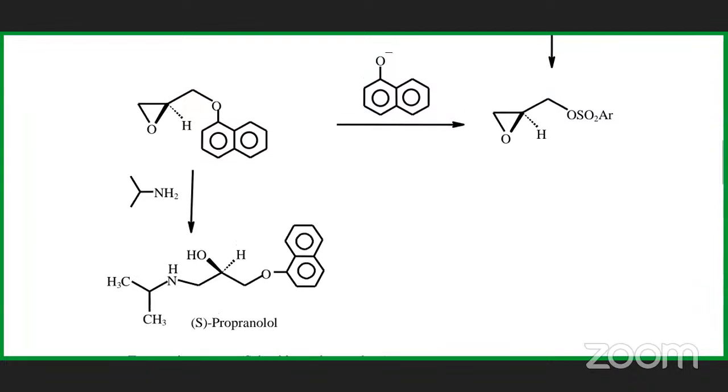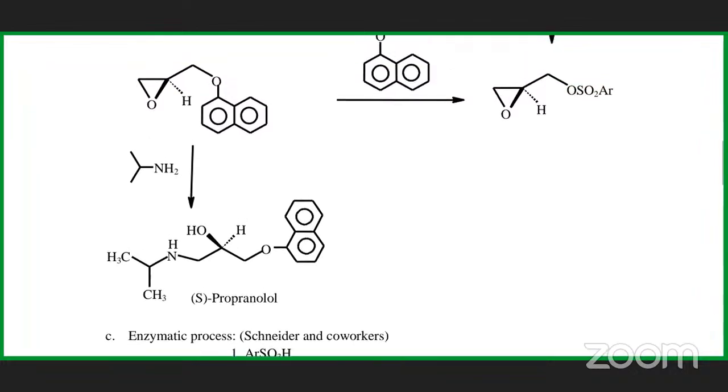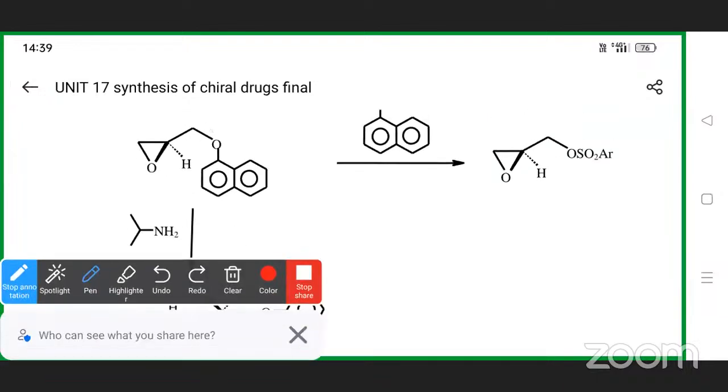So here, this ether derivative's epoxide ring opening is taking place from the sterically less crowded center. Then the isopropylamine, where the lone pair of electrons on this nitrogen is attacking on this terminal, then this opening takes place like this.